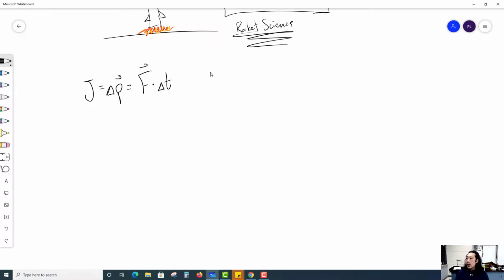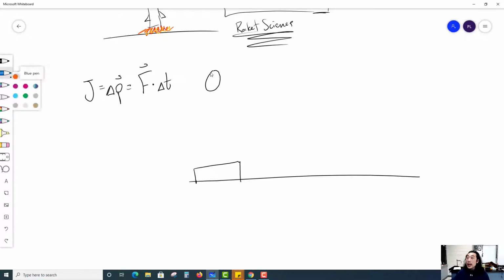We'll have an egg. In scenario 1, this egg falls on a red brick. And in scenario 2, this egg falls on a pillow. It's a lumpy pillow. So scenario 1, it falls on a brick. In scenario 2, it falls on a pillow.